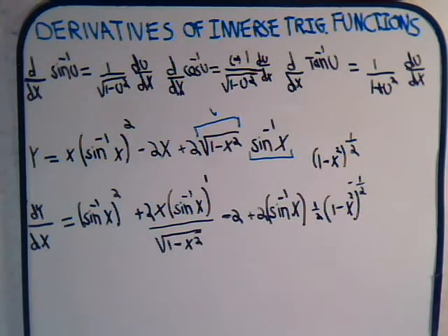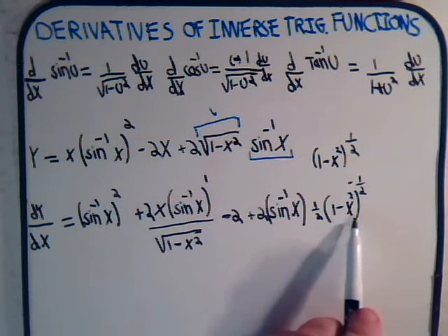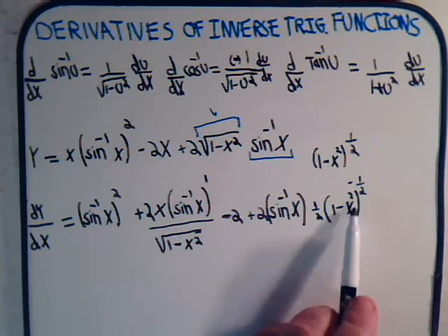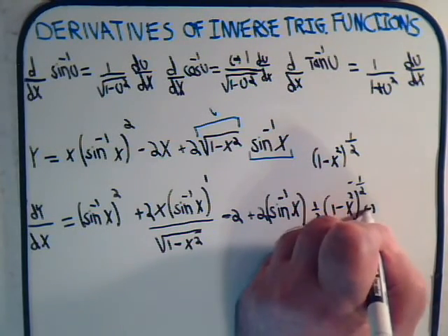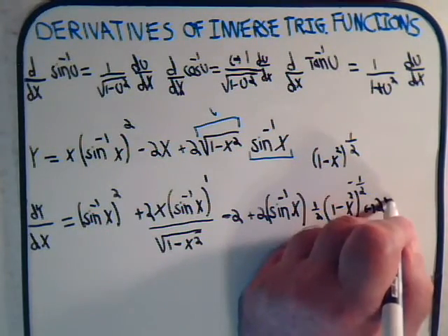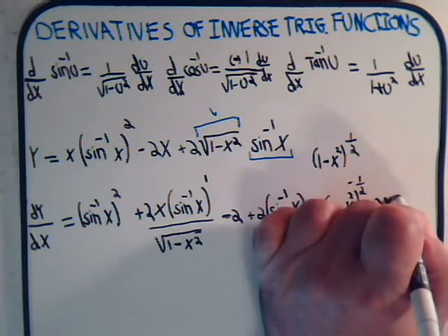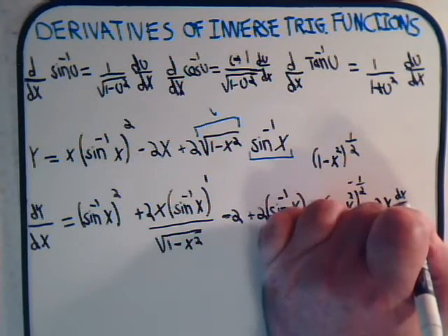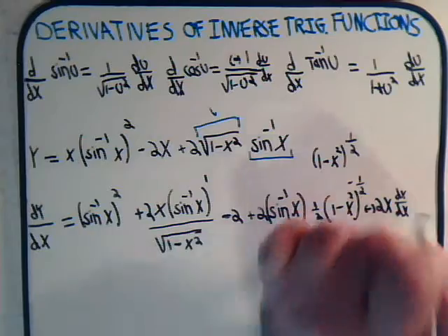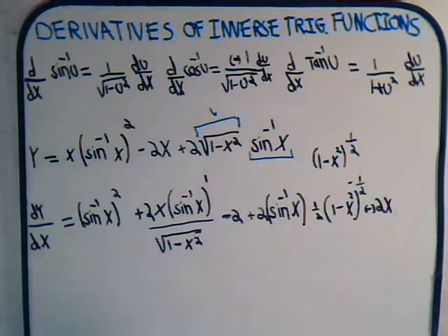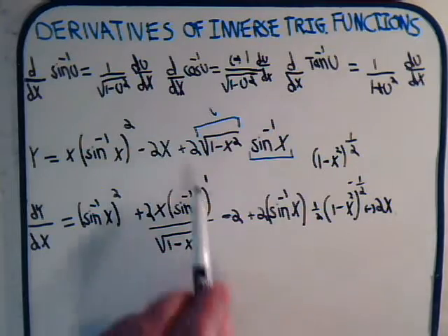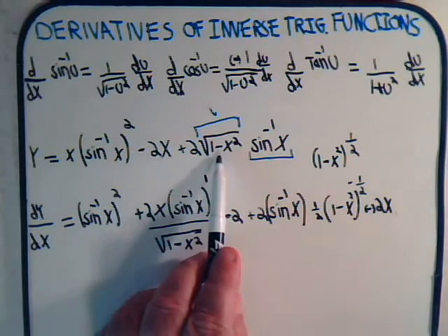Then we have, remember, take the derivative of what's inside of here, and that's going to be minus 2x, and if we wanted to do a formula, we would say dx/dx, but of course that's just 1, so typically we don't bother to write it down. Okay, that was this times the derivative of this.